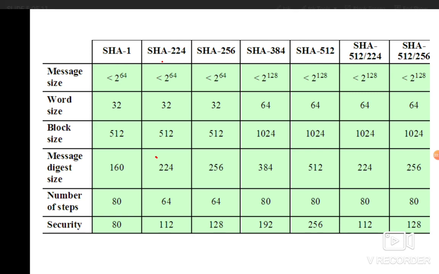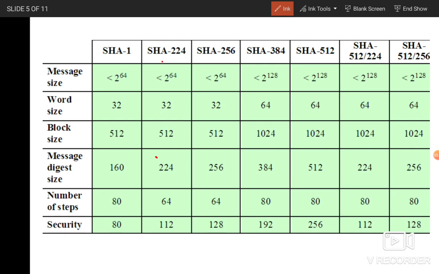And the word size, while processing the blocks, is 32 for SHA 1, SHA 224, and SHA 256, and for the higher versions it is 64. The block size is 512 for SHA 1, SHA 224, and SHA 256, and for higher versions it is 1024.